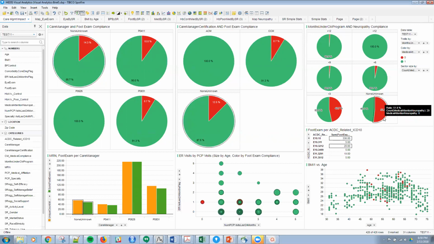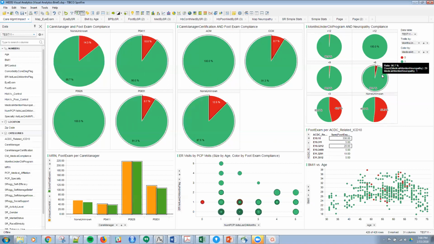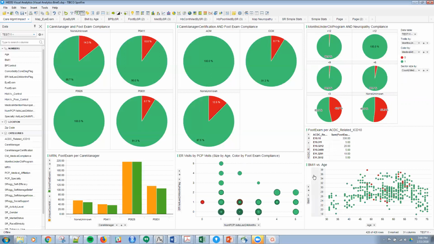But here, 52% are non-compliant if they have no care manager assigned to them or it's unknown. A care manager, they've been assigned to a care manager less than 3 months, is basically 47%. A care manager less than 6 months is 3.3%, and then you can see the impact there. So again, these are highly configurable dashboards.